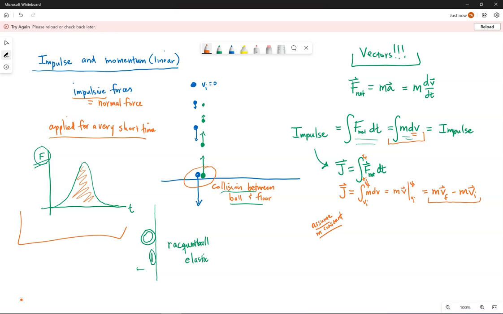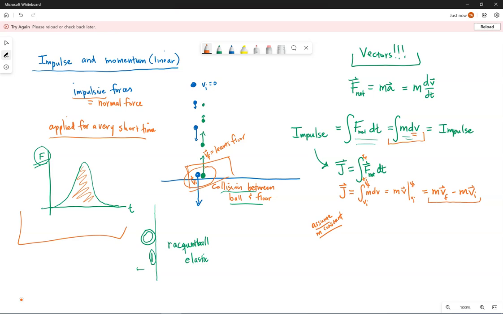What we mean by final and initial, if we come back to this example of the ball hitting the floor, final means right immediately as it leaves the floor. So right as the force of the floor leaves. So when the ball is no longer in contact with the floor. Initial, I mean this impact velocity, that split second before it hits the floor.